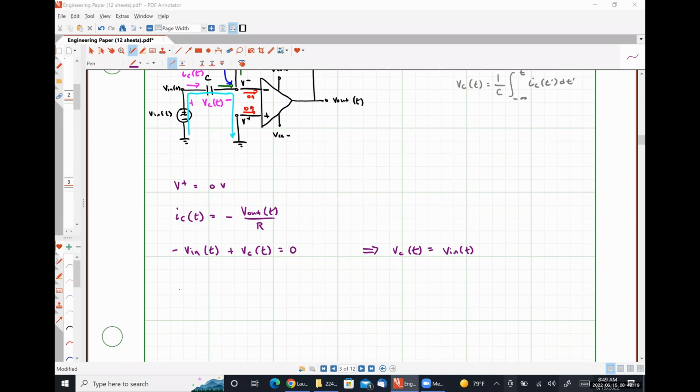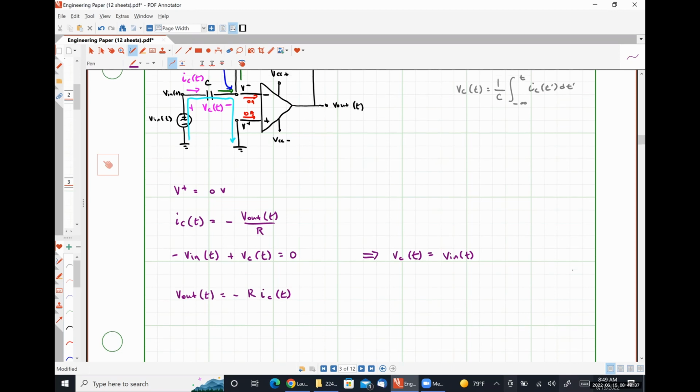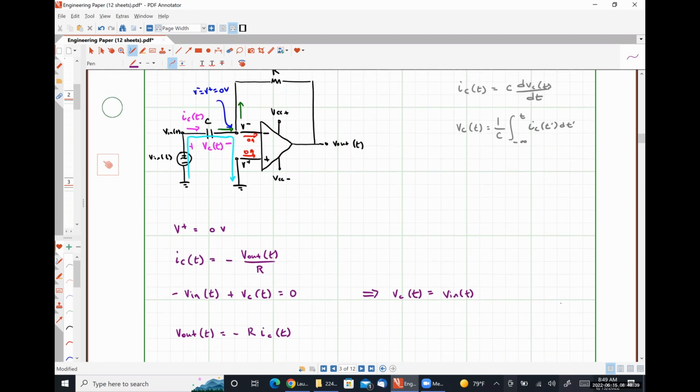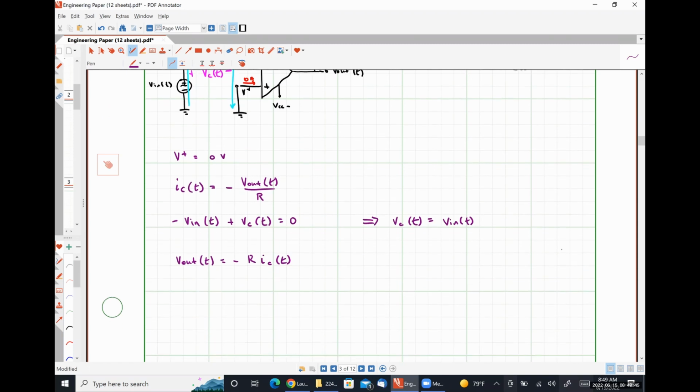If I go back to my previous equation, I'm going to rearrange this slightly. So I'm going to have Vout of t is equal to negative R times IC of t. And now I'm going to substitute in my relationship for IC of t in terms of VC of t.